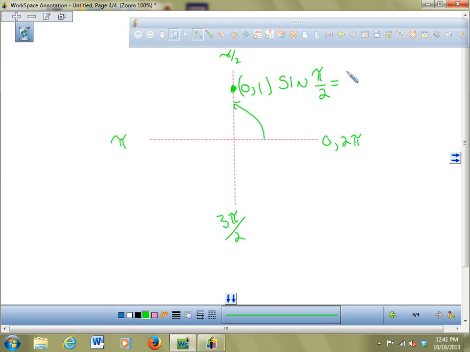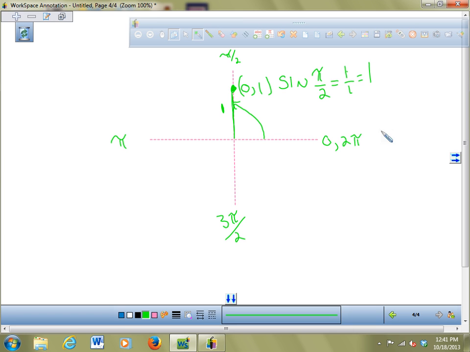Wait a minute, I messed up. No, I didn't really mess up. If this is the point 0, 1, that means the radius of my circle is 1. So that would have been 1 over 1, which is just 1.